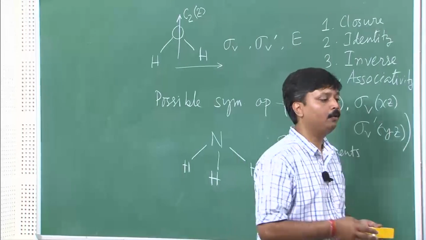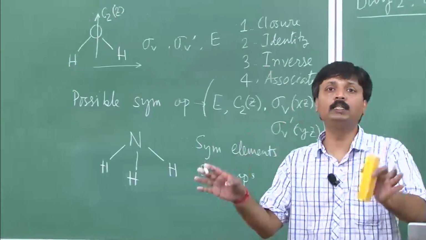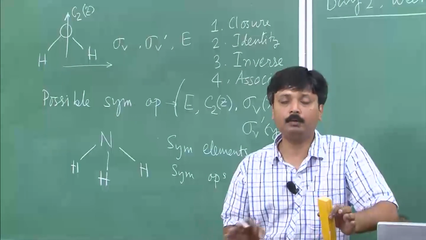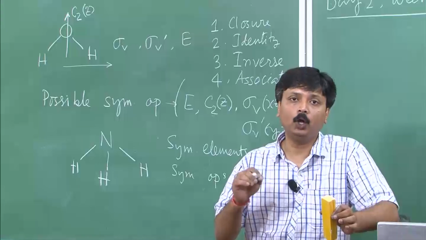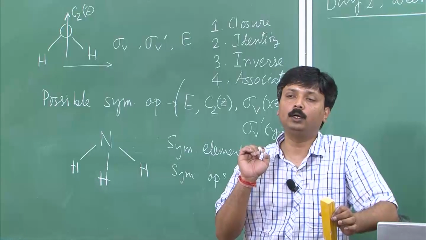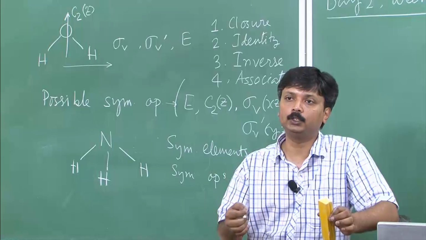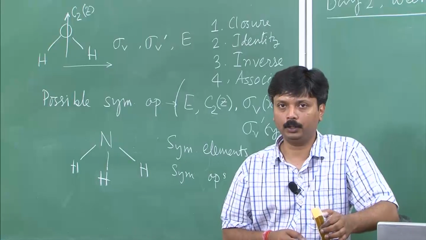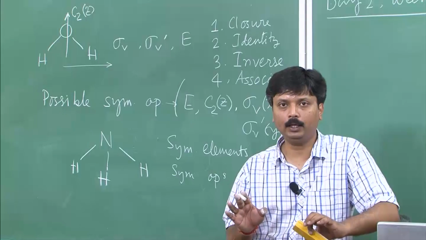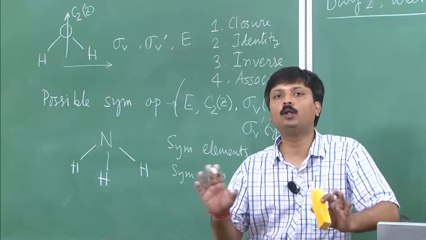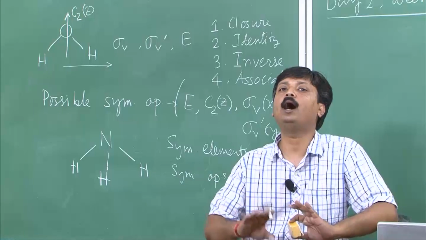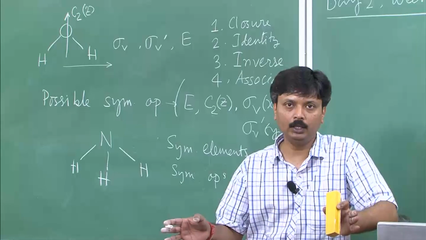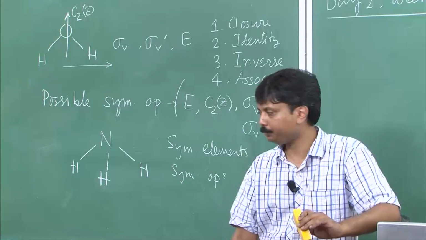You can verify whether you have found the exhaustive list of symmetry operations for a given molecular structure. You can also do the binary combinations of any two symmetry operations that you have already generated. Okay, and ultimately you will see that you cannot generate any other symmetry operations. Okay, that means the set is closed.